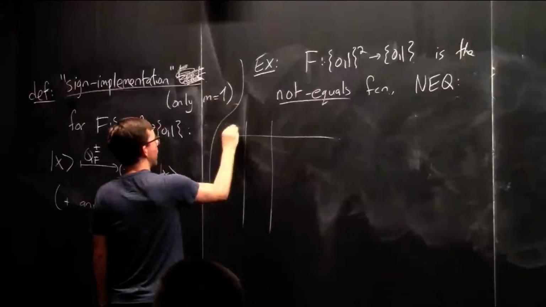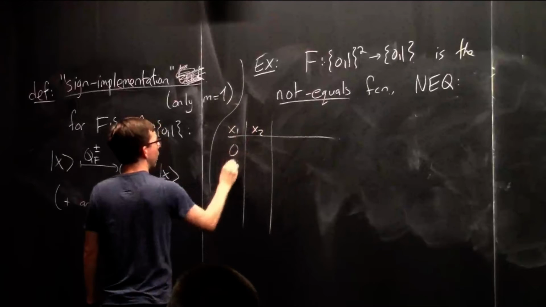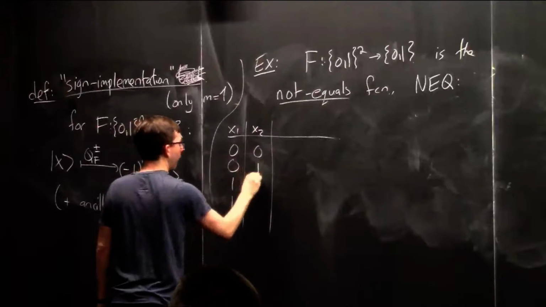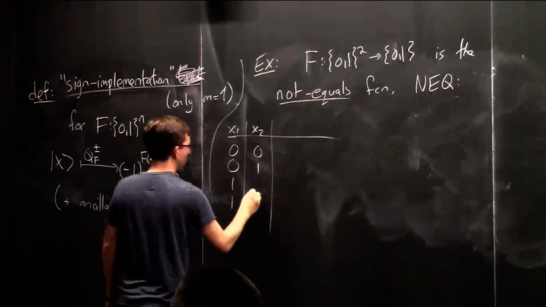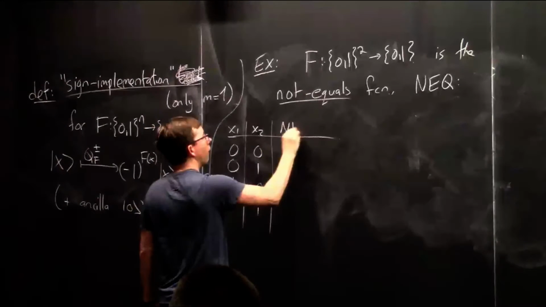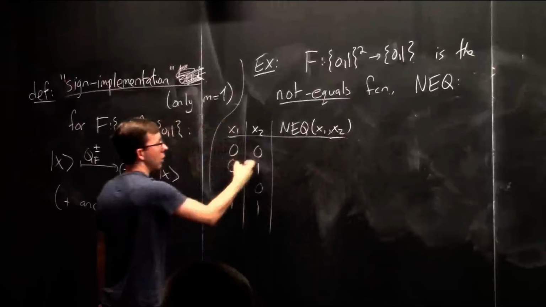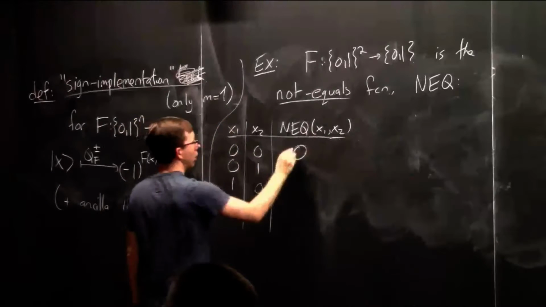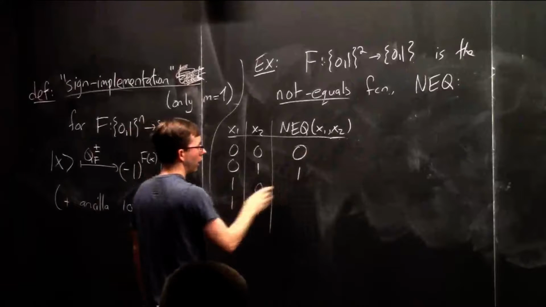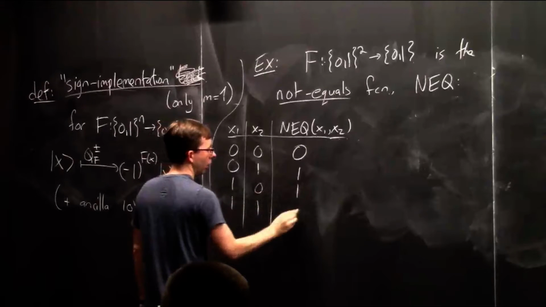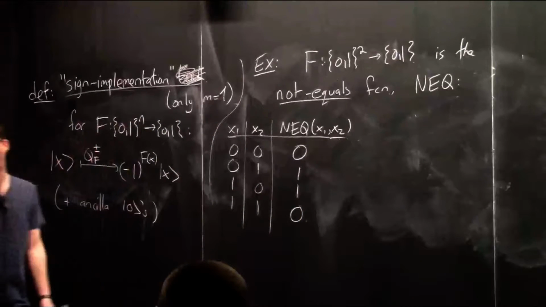It takes 2 inputs, x1 and x2. Here are the possibilities. Okay, so 0 and 0 are equal, so they're not not-equal. These ones are not equal. These ones are not equal. These ones are actually equal. So this is XOR. Yes, this is the XOR function.